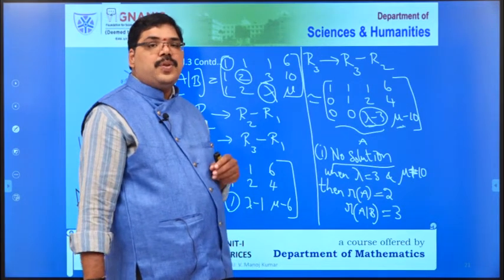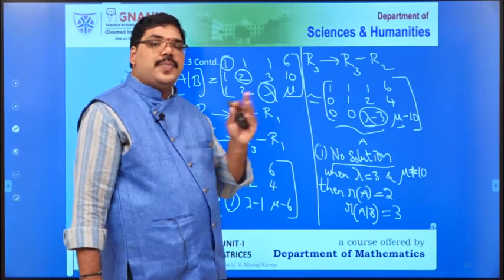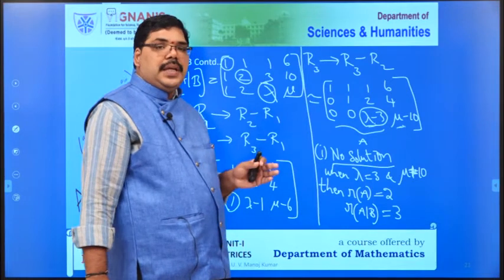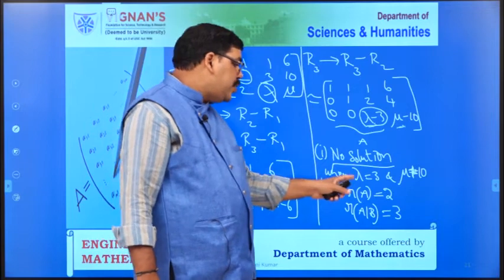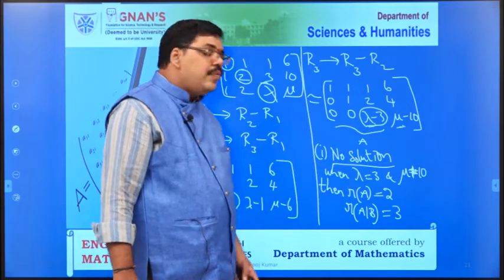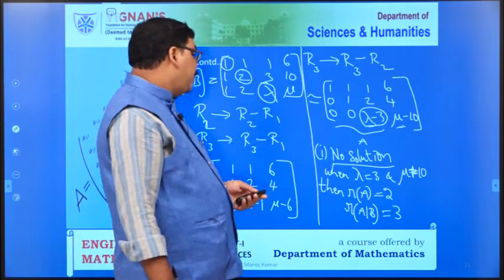So what is the possibility? Rank of A should be 2, rank of AB should be 3. So it is possible if lambda equals 3 and mu not equal to 10. Then rank of A becomes 2, rank of AB becomes 3. Both are different, so no solution.